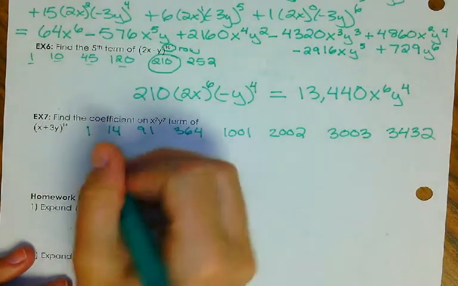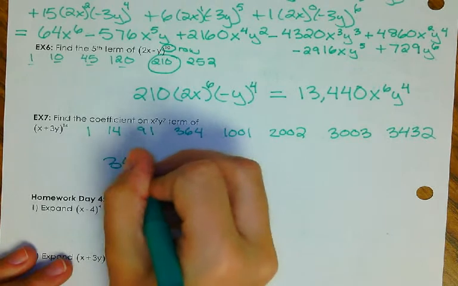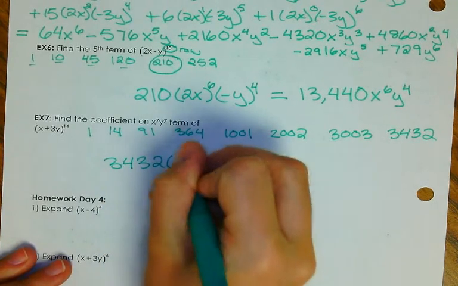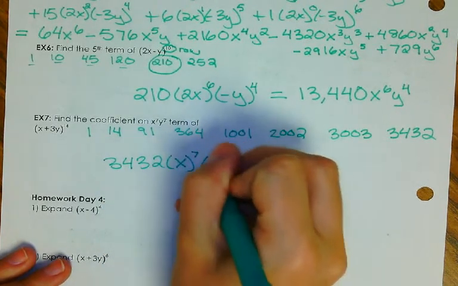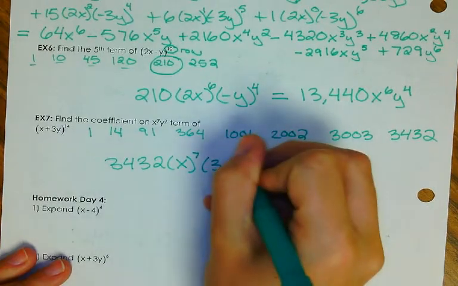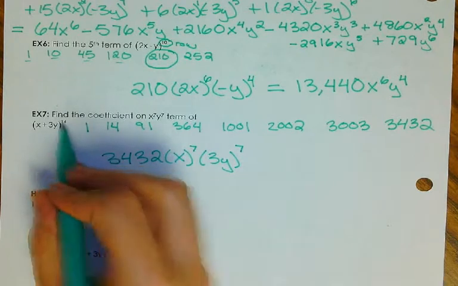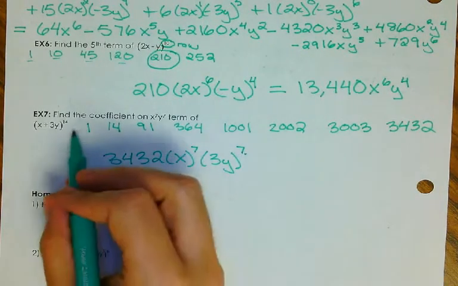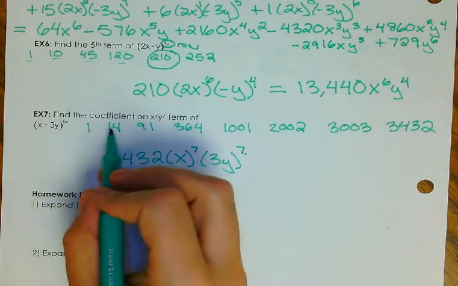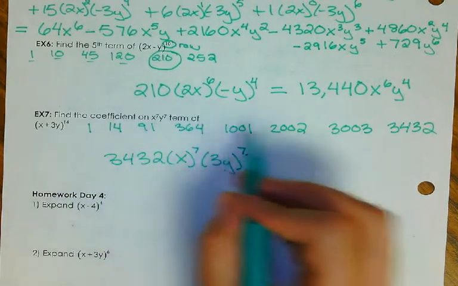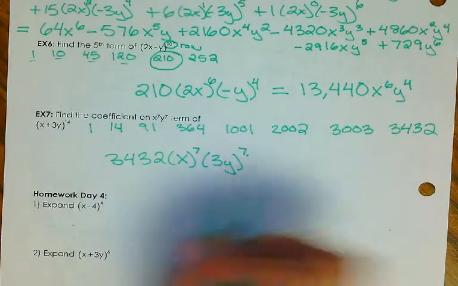So I'm going to say it's 3, 4, 3, 2. X, we said it was to the 7th power, and then I still need that 3y also. That would also be to the 7th power. How did I know? Because I know they have to add up to 14. The other way you could do it is start at 0. 0, 1, 2, 3, 4, 5, 6, 7.